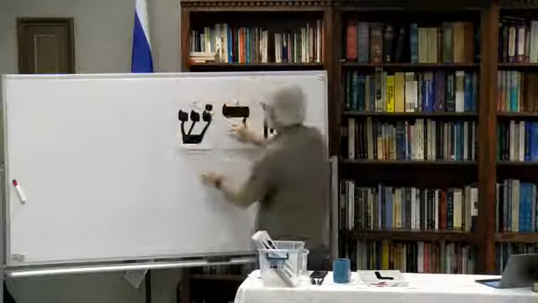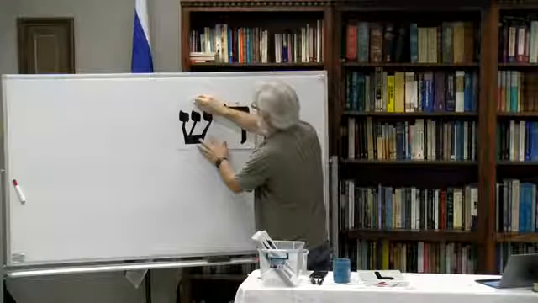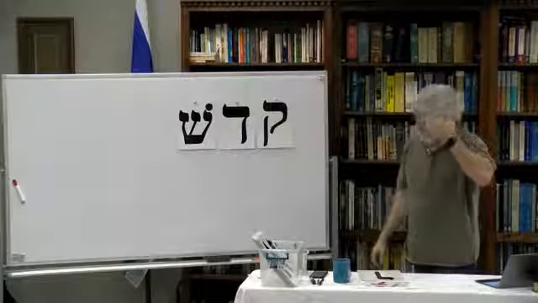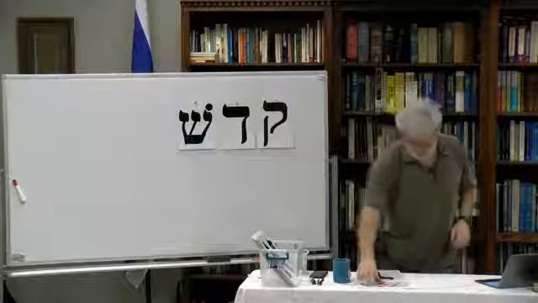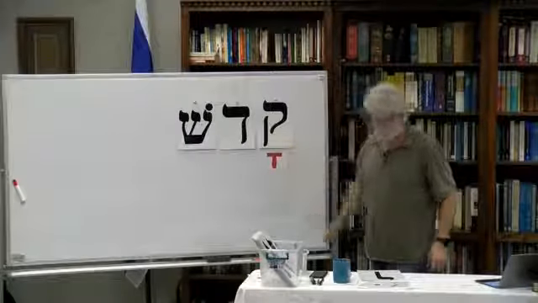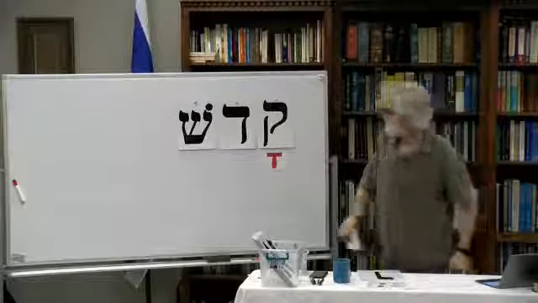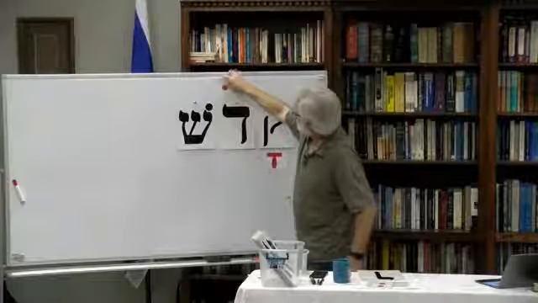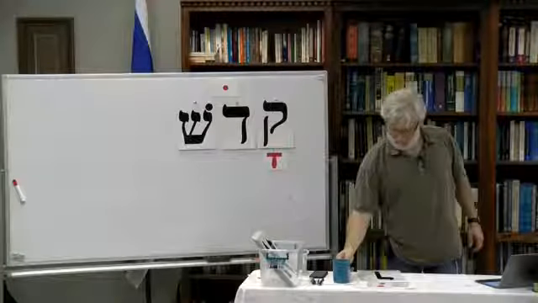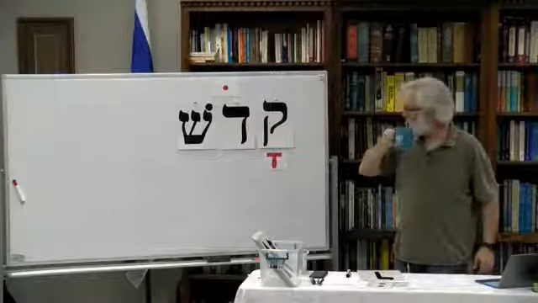This particular word, all we have at this point are the consonants of the word. And so I'm going to put some vowel points here. What vowel is that? Look at your chart and identify that, please. And you see the word, all right?